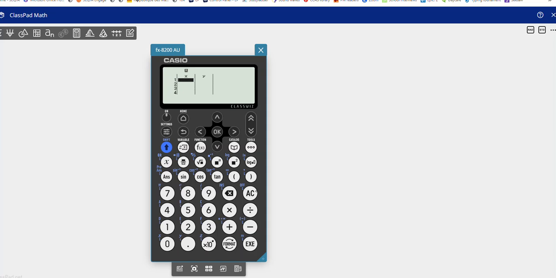All right, now we're going to enter in our data. So the X is going to be the 7, 15, 22, reading that off your table. Press execute in between each one. All right, so once you've got them all in, then you use your arrows to go back up to the top and put in all your Y values.